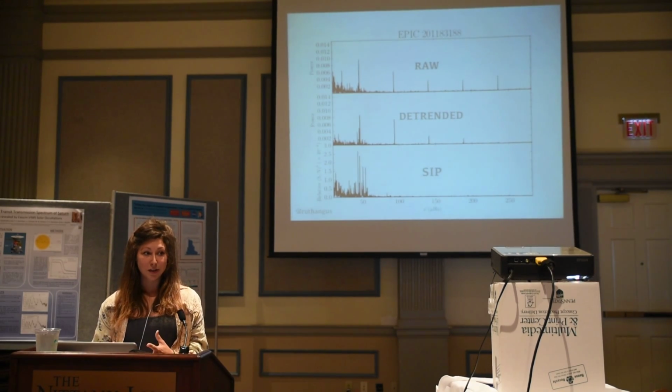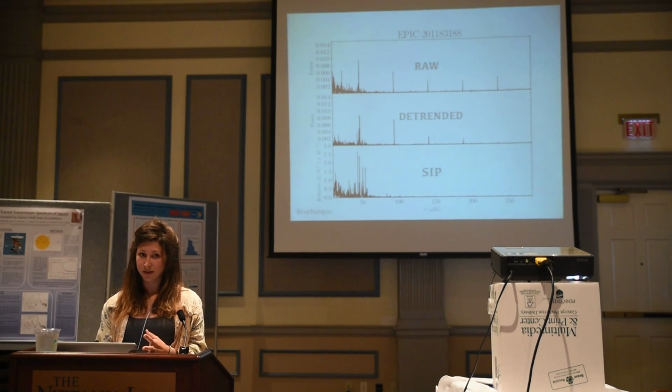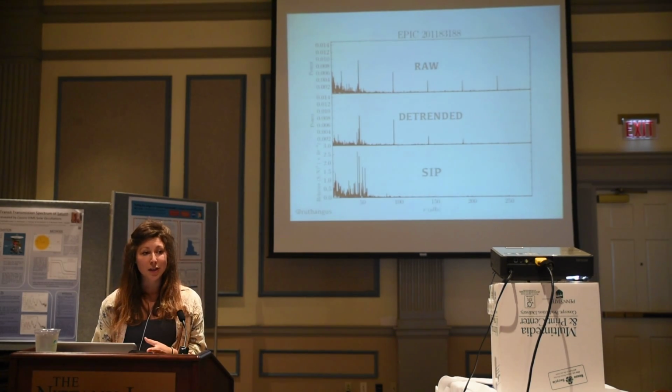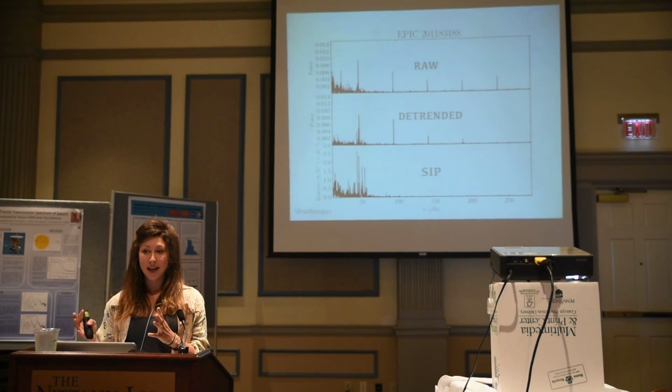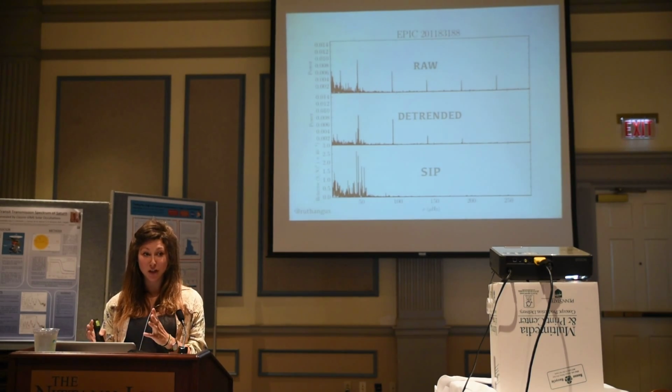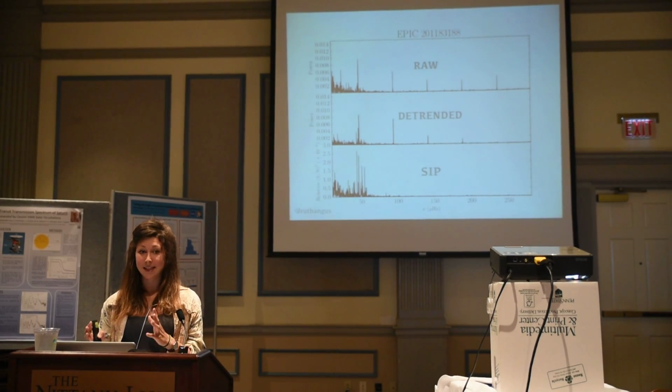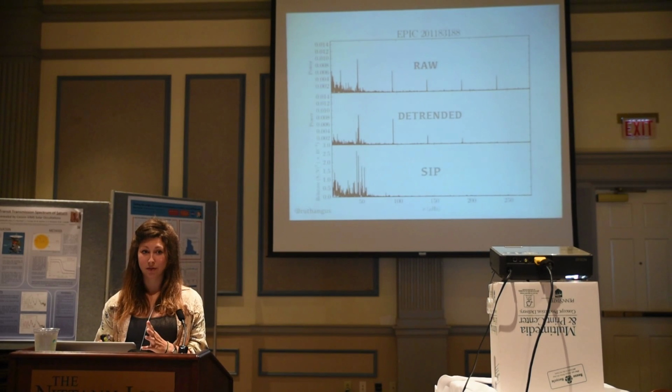So giant asteroseismology is one of the key scientific goals of the K2 mission. And giant asteroseismic modes really lie in a regime that is affected by K2 systematics. So if you're doing K2 giant asteroseismology, the SIP is exactly what you want to do. And asteroseismologists measure fundamental parameters of stars.